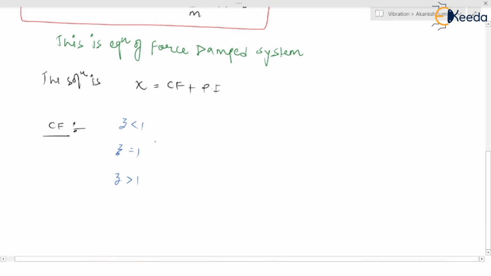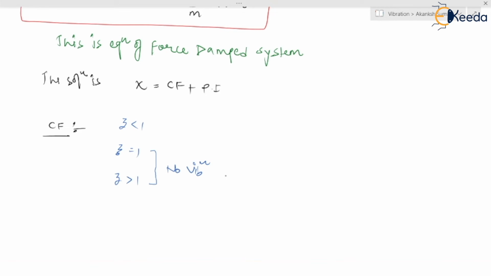But we know that in the case of equal to and greater than 1, there are no vibrations. When the damping factor is greater than 1, this is the condition of an overdamped system, whereas when zeta is equal to 1, this is the condition of a critically damped system.